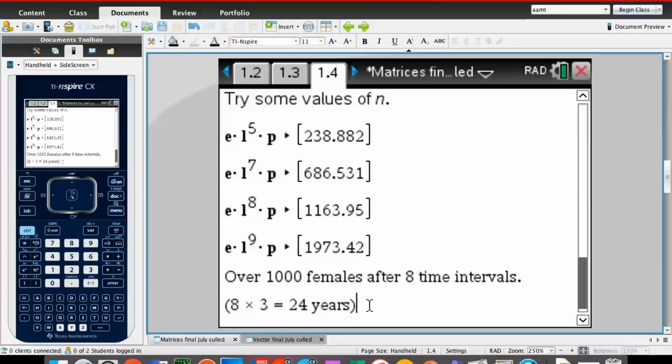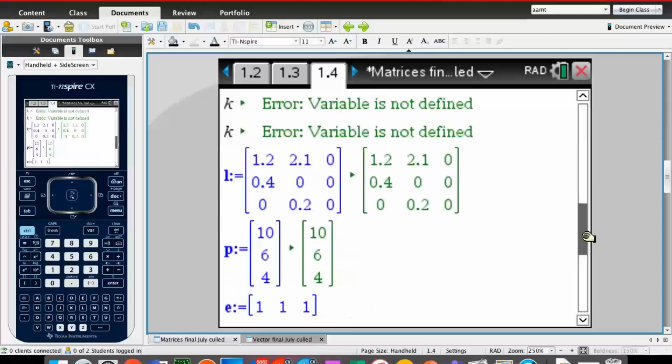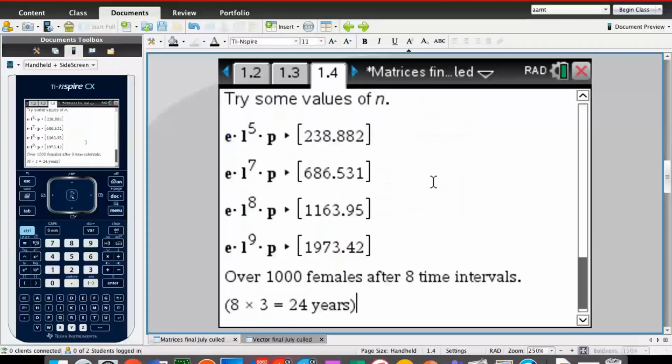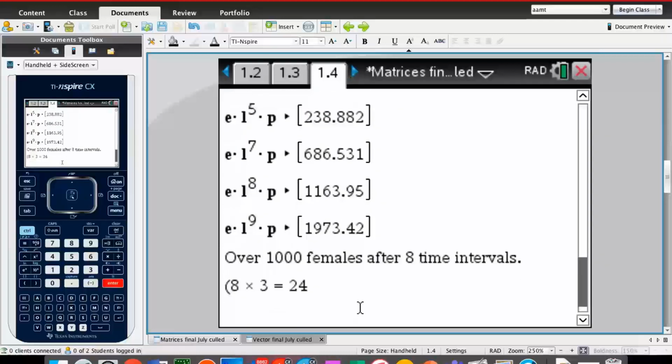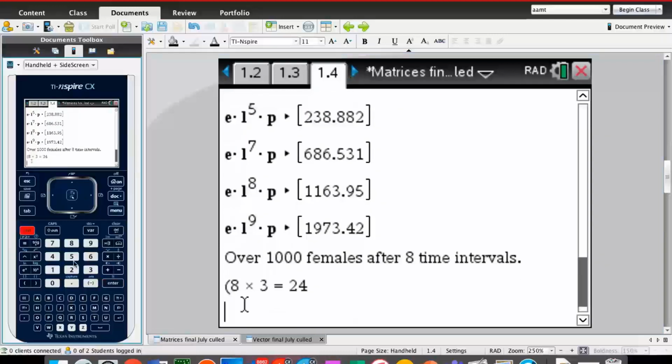Now, we can look at the ratio of, Control M, get my maths box, I'm just going to put in a fraction template here.